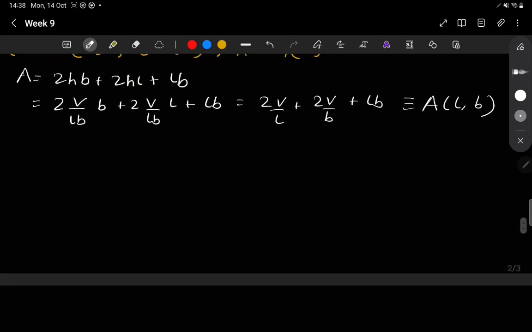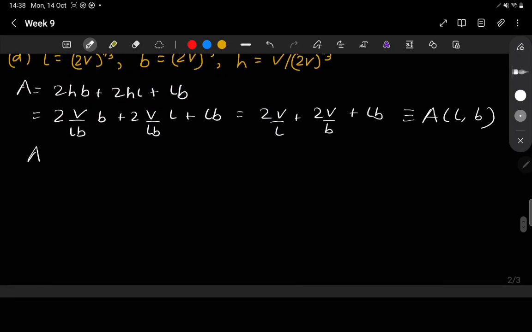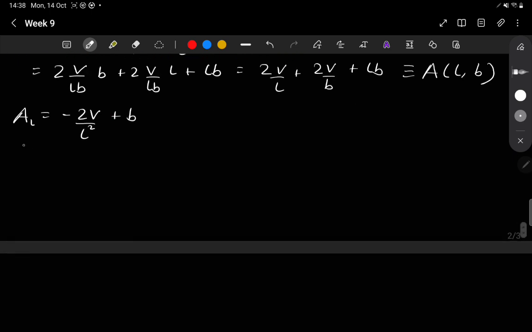Now for the extremum condition, the first derivatives need to be 0. So let us look at the first derivatives. Now A_L equals 0. This gives the following.